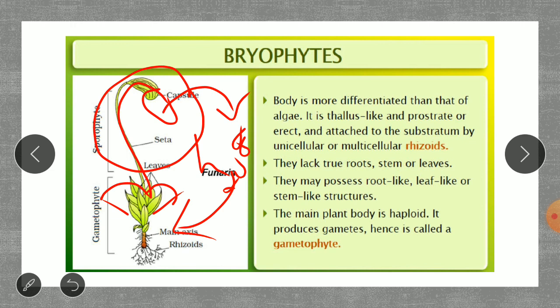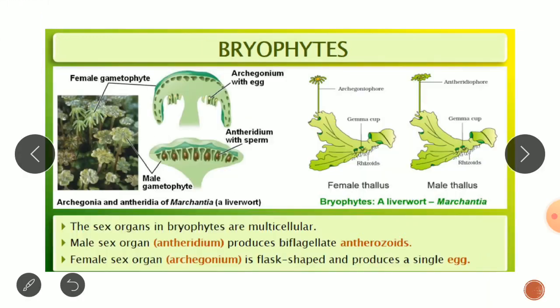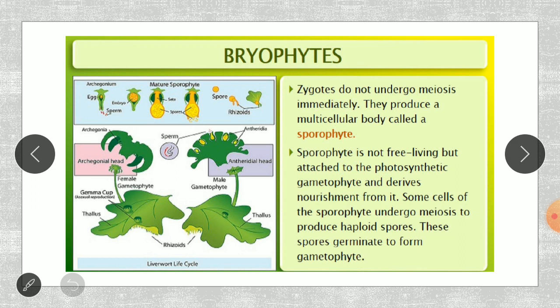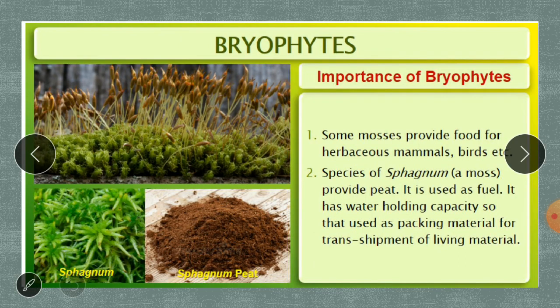So the gametophyte produces male and female gametes, which produce the sporophyte. These sporophytes produce haploids which produce the gametophyte. So this cycle goes on continuing. That is how reproduction in bryophytes takes place.